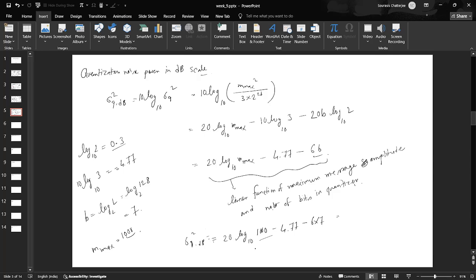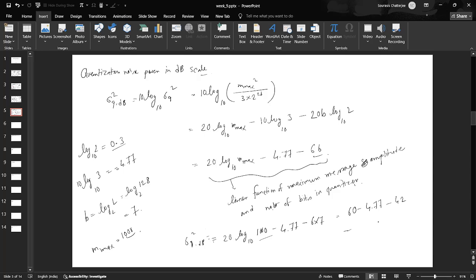Log base 10 1000 is 3, so 20 times 3 is 60, minus 4.77 minus 7 into 6, that is 42.